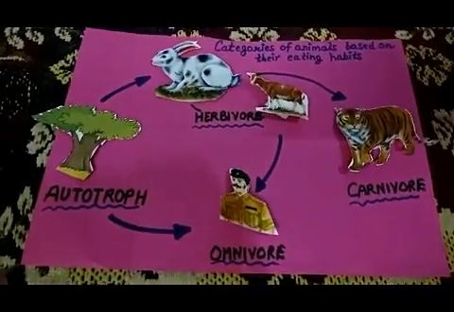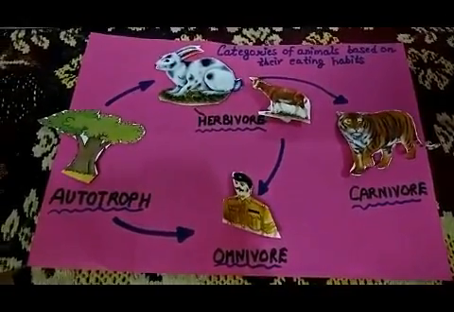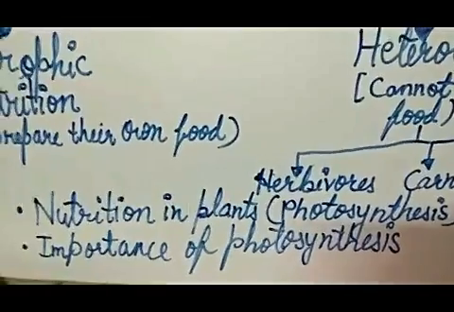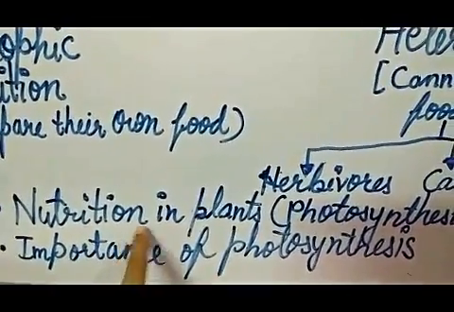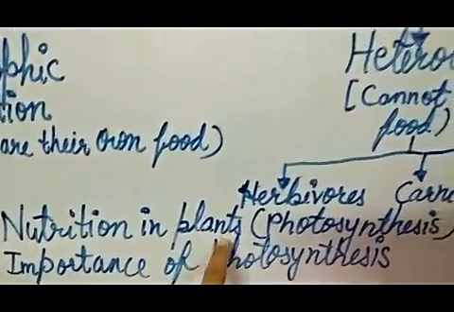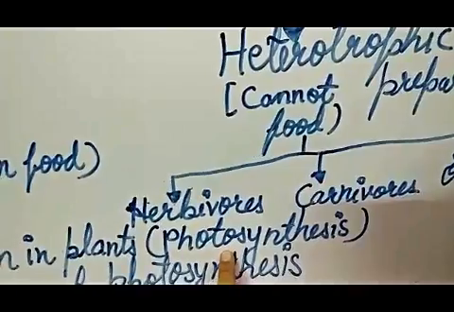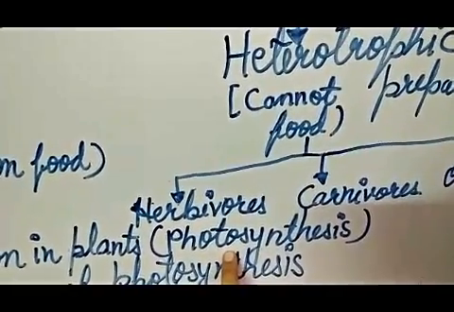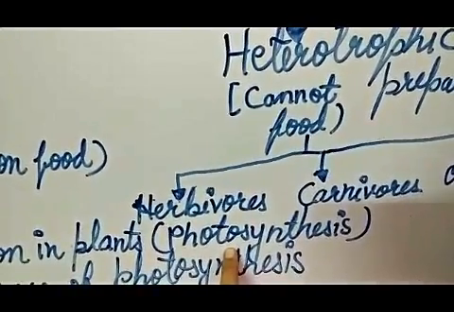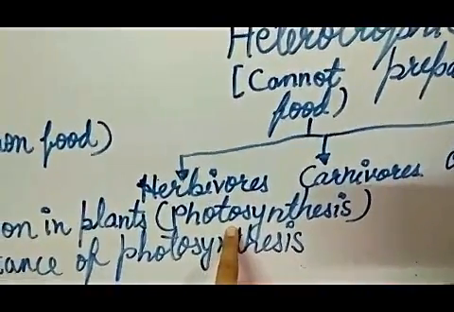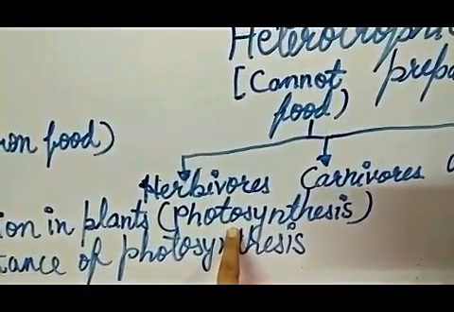Here all the animals depend directly or indirectly on plants. Now let's see how nutrition takes place in plants, that is, how plants make their own food. Plants make their own food by the process of photosynthesis, which you have already studied in your earlier classes. Let's once again recapitulate.